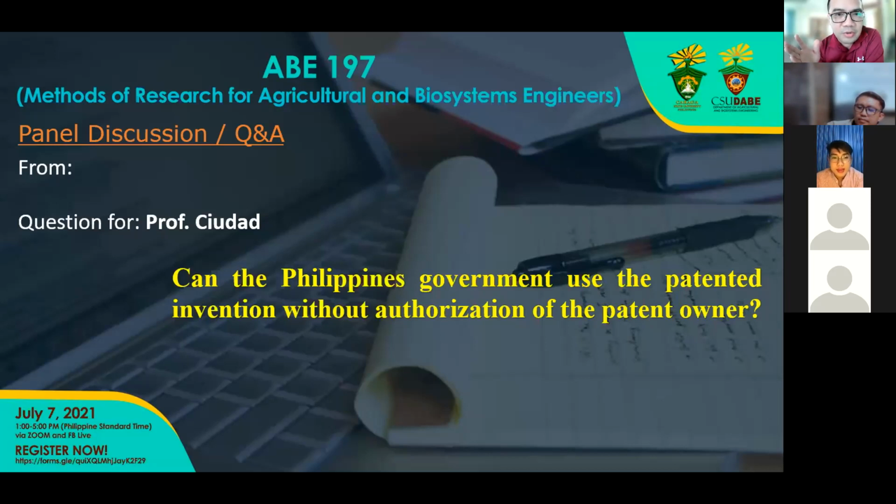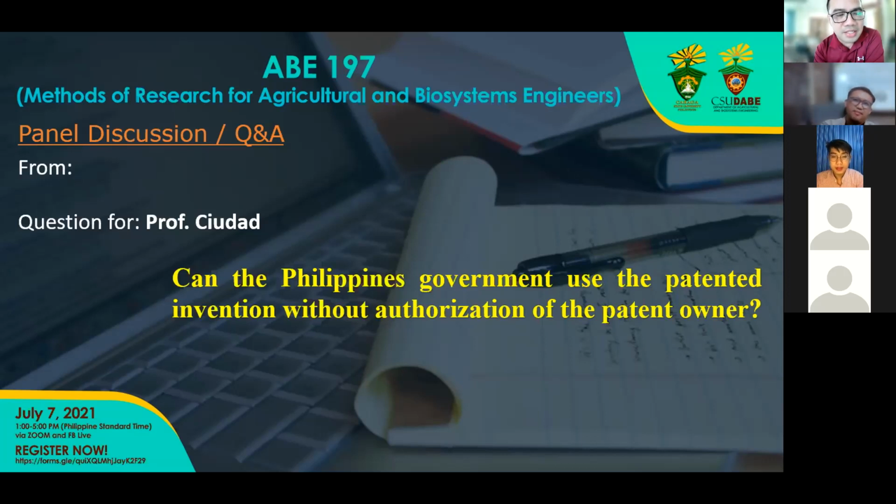So in case of national emergencies, the government can actually use the patent to address the situation we have in the country. That is stipulated in the IP Code of the Philippines. But if the situation is not really an emergency, or is not required, it doesn't make any sense why the government would commercialize the technology on behalf of the patent owner.